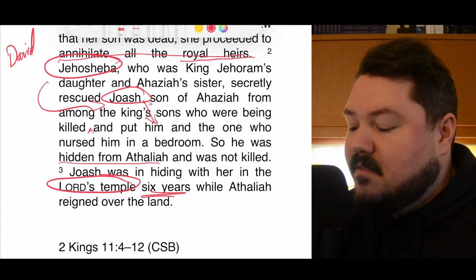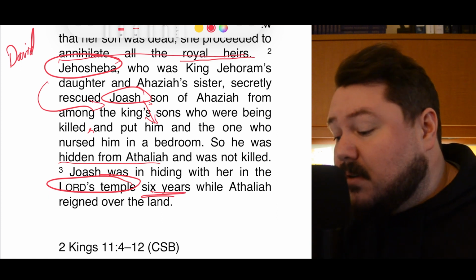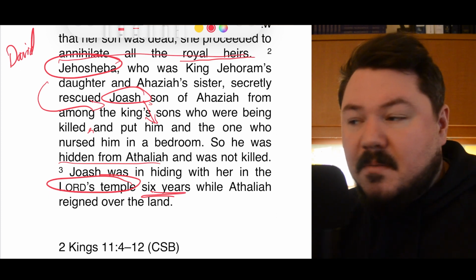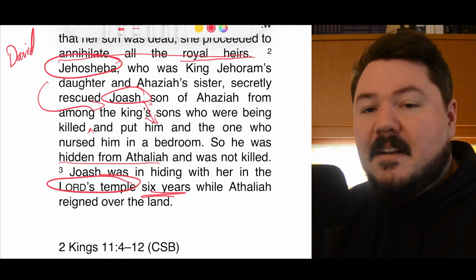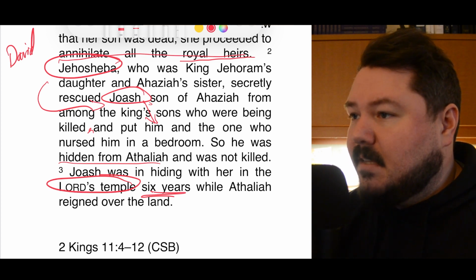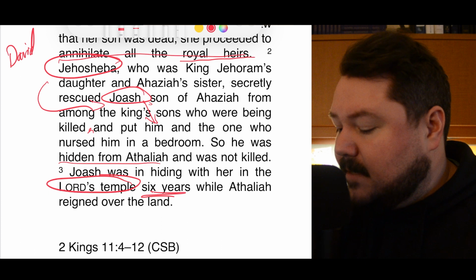And Jezebel was a foreign woman who led Israel astray with foreign gods. So Athaliah also probably worshipped other gods, and so neglected the Lord's temple. And so, great hiding place. But there you have it. You have Joash hiding for 6 years in the temple, all because of Jehosheba.